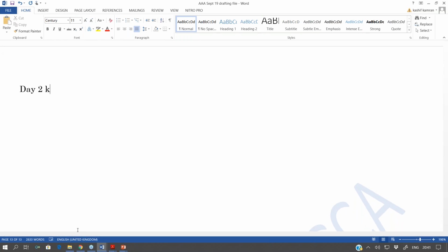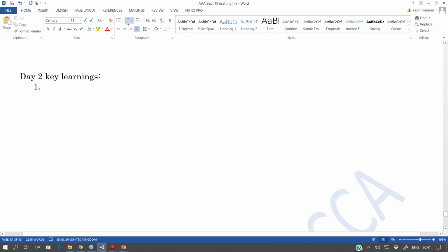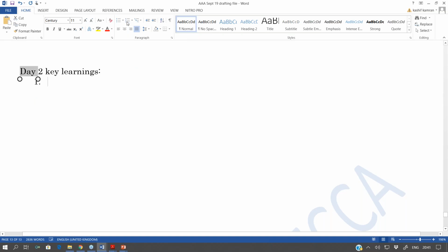Day 2 key learnings. Let's do them in the numbering form so you learn them. Number 1 key learning from the day 2 today: what makes a good procedure?